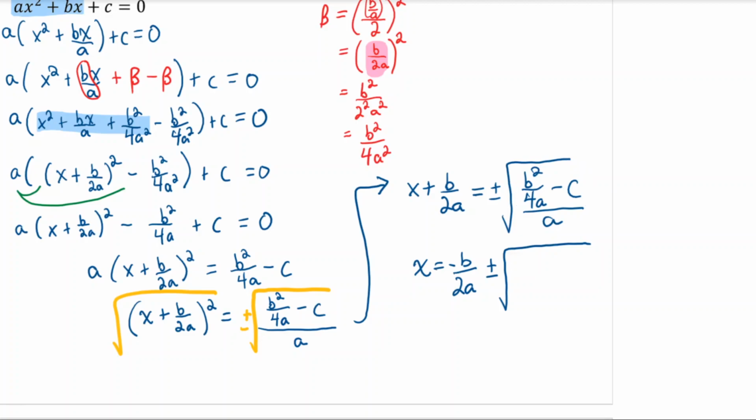We're going to want a 4a on the bottom of both. So we're going to have b squared over 4a, and this c term, I'm going to multiply 4a on the top and on the bottom. So look, if I cancel this out, I'm back to having c. But it's very nice because now we've got 4a in both of these two terms.